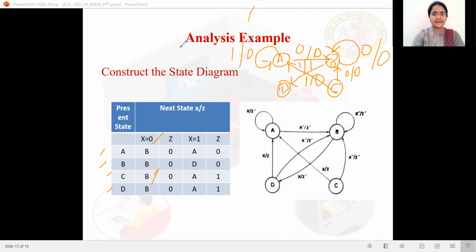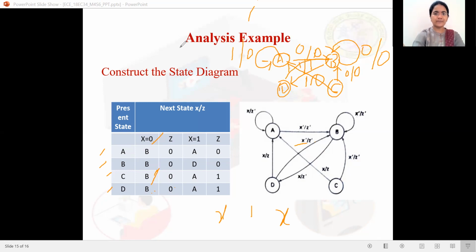When it is in state D and x is equal to 0, it goes to state B, and the output is 0. Here 0 represents the bar, and 1 represents the variable.